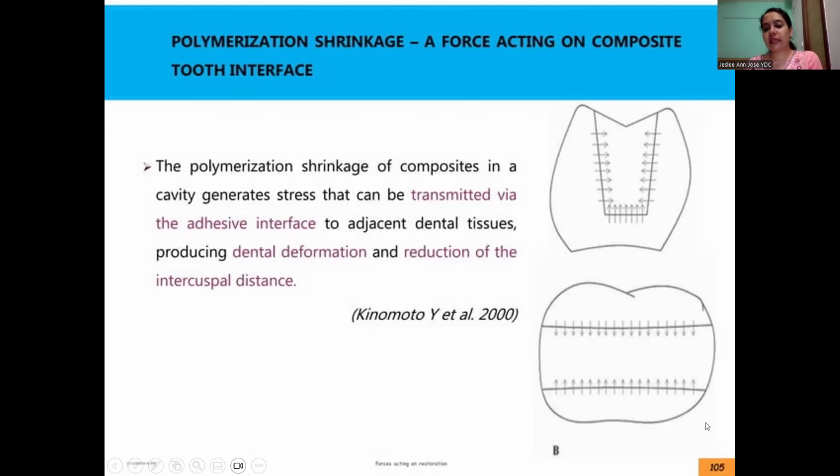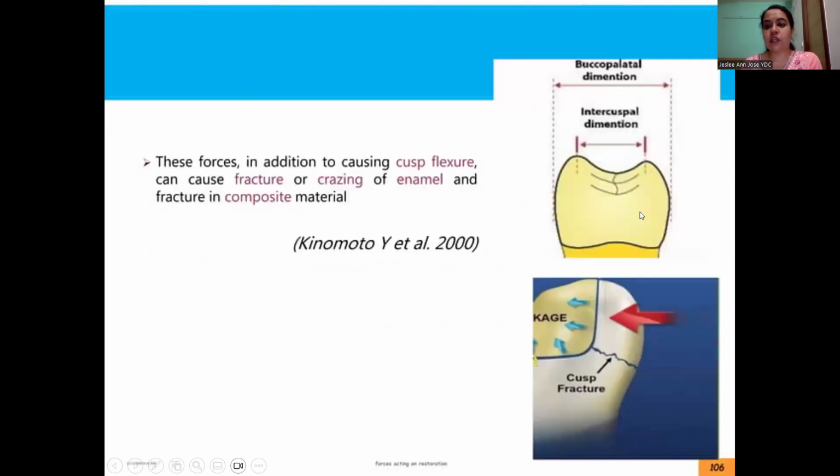And hence it can lead to dental deformation and reduction in the intercuspal distance. So when you restore this area and when there is a shrinkage, the cusps tend to deflect toward each other. So there is an intercuspal flexure, and the intercuspal distance reduces when the cusps tend to move toward each other.